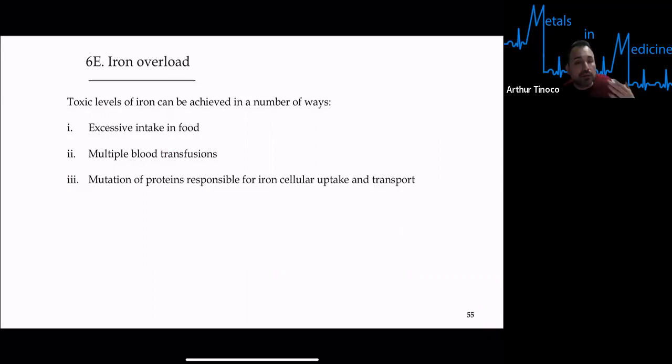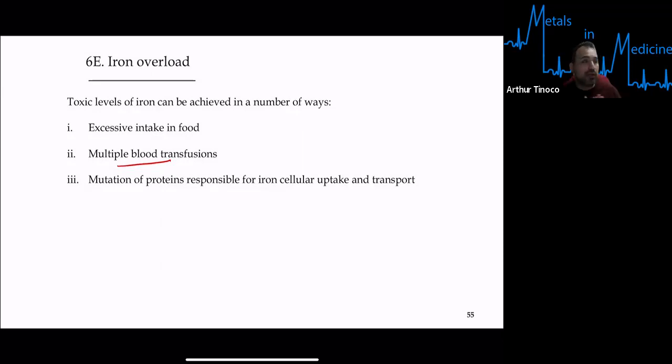So, well, before we get there, how is it possible? Again, as I already mentioned to you, excessive intake in food is one mechanism. Another mechanism is actually multiple blood transfusions. That's a notorious way in which iron can become quite high in the body. And also if there are mutations of proteins that are responsible for the iron cellular uptake and transport.